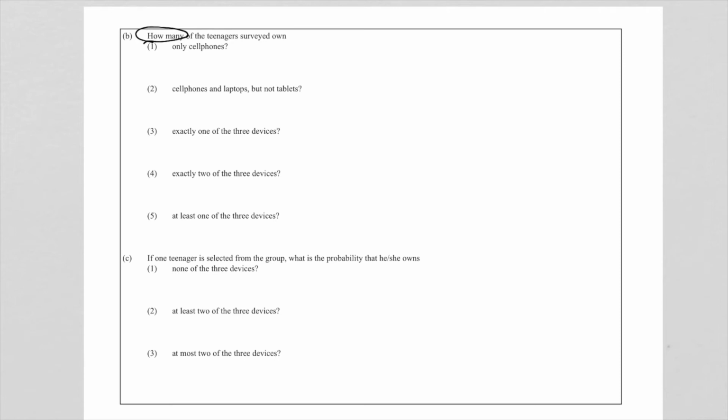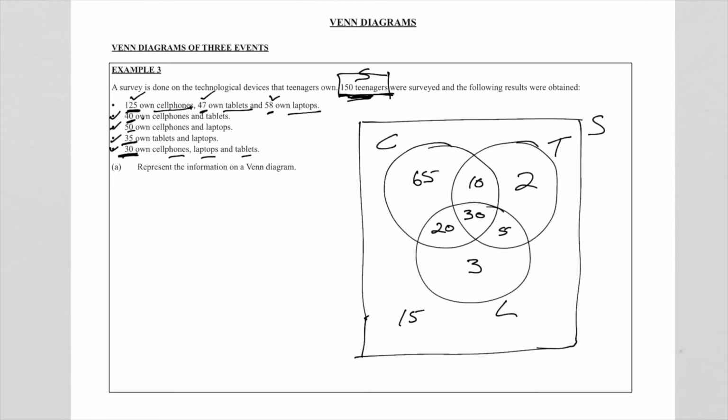Now, those numbers inside our Venn diagram, that is what we're going to use. We just need to find where we will get it. So where do we get cell phones only? If I go back to the Venn diagram, you will notice that this whole thing represents cell phones. But we want cell phones only, and I hope you agree with me, that will be the 65.